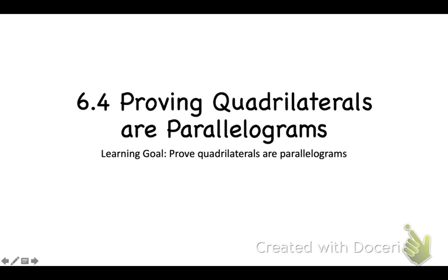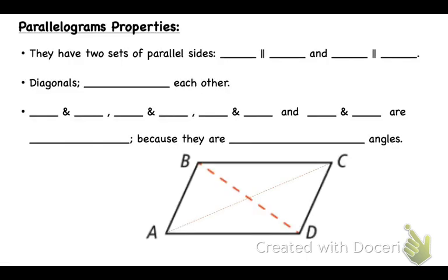So let's review those things. Okay. Parallelograms. They have two sets of parallel sides, which are congruent. AB and CD. Yes. Okay.